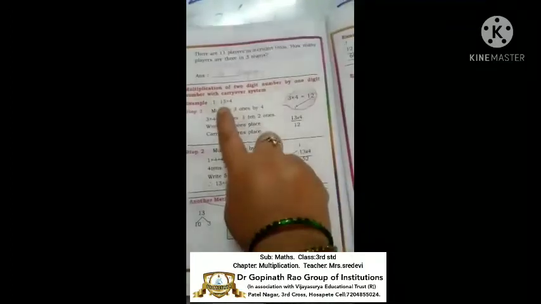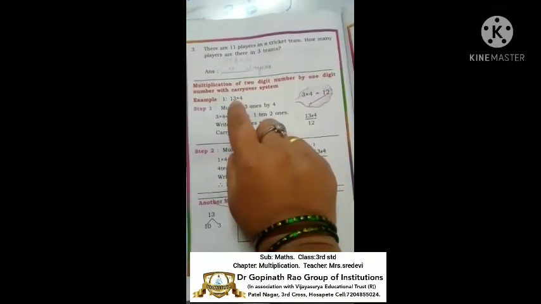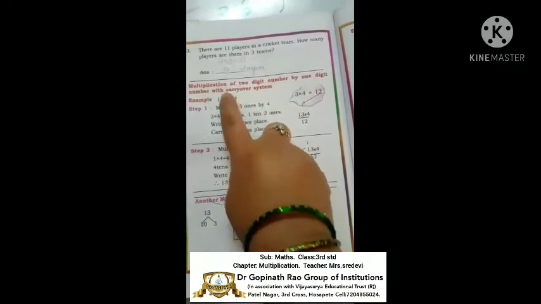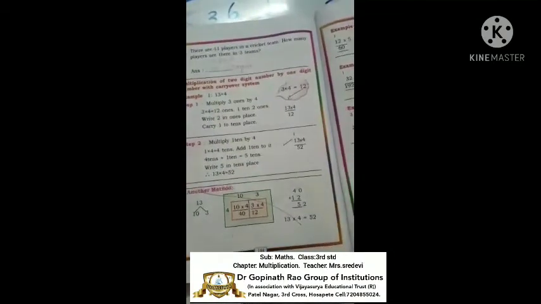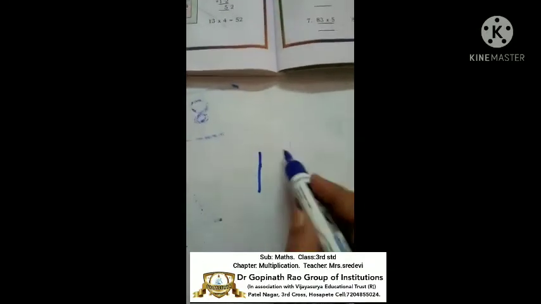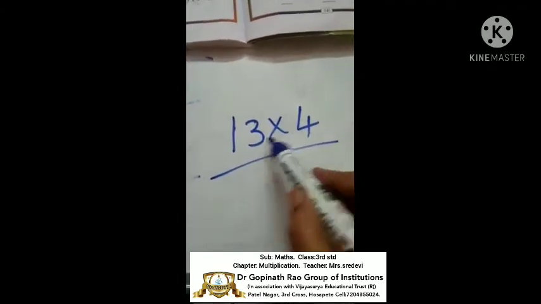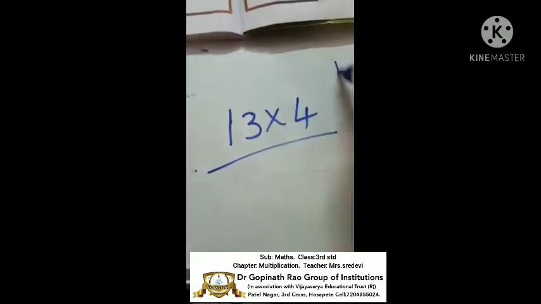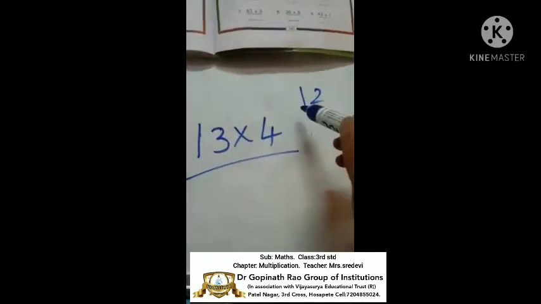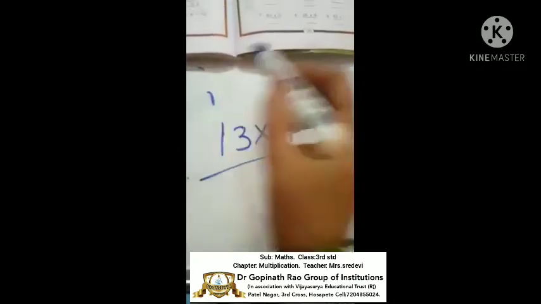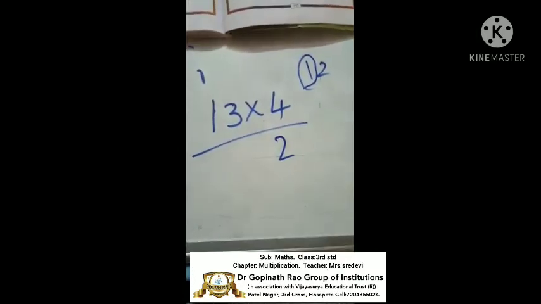Here 13 is multiplied by 4. How will we do it? First 4 is multiplied by the units place. 4 3s are 12. Here comes a carry over, children. 12 it comes, so we take 1 as a carry over and write 2 here.